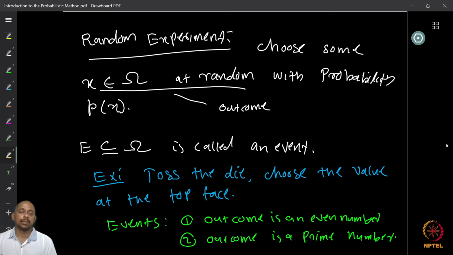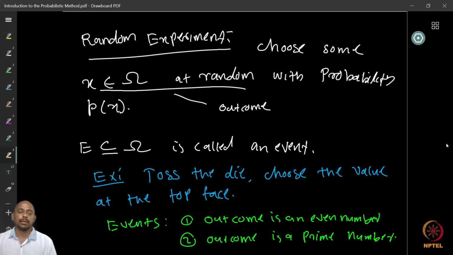Now, any subset of the sample space omega is called an event. So choosing a subset of these elements is an event. For example, the occurrence of an even numbered face of the dice is an event, because when I toss a dice, any of the 6 numbers can come out. I will say that if it is an even number, then I will win.